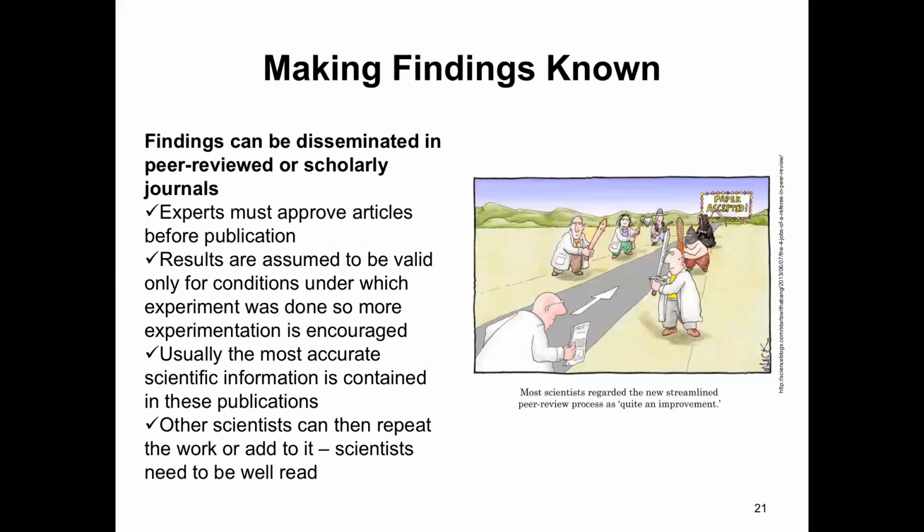So if other scientists from around the world are finding the same kind of thing and adding information to it, that's just icing on the cake, all right? And this is how science works. And if it didn't work this way, then one would have to question the validity of what's being published, all right? But this process ensures very high quality information that gets out there.